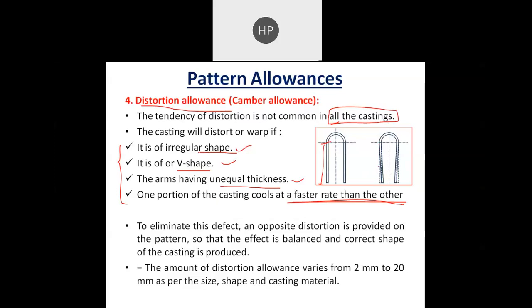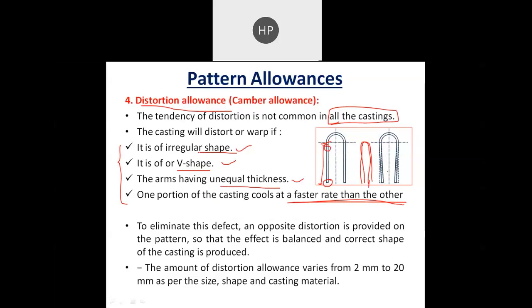It is not a U shape like this, but it will be slightly like this. Why did this happen? Because of this distortion. Here you can see this is the thin area, and it will cool faster compared to this one. So in that case, this warping will occur.